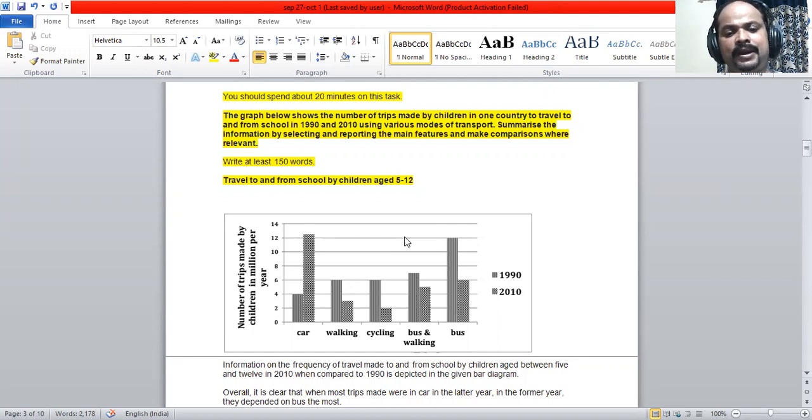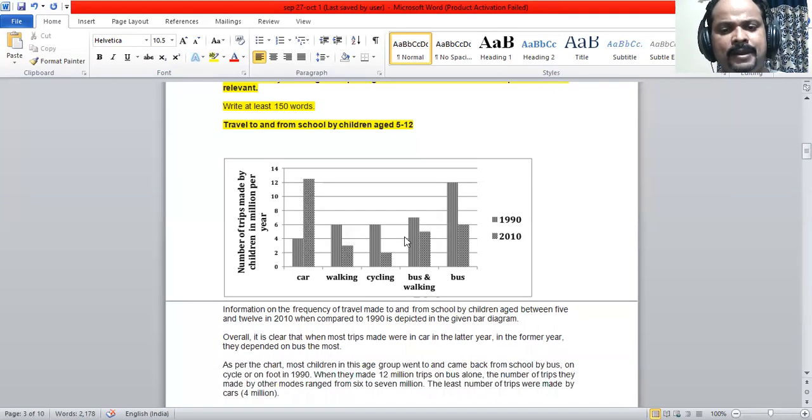Now you can compare the modes of transport. You can say cars, on foot, cycling, bus and walking. Both ways of comparison are acceptable, no issues there. I can compare based on years, whichever is the most appropriate thing, you can do that.